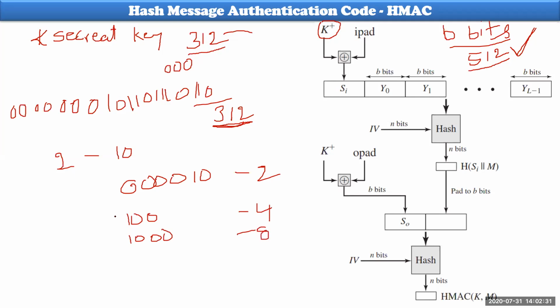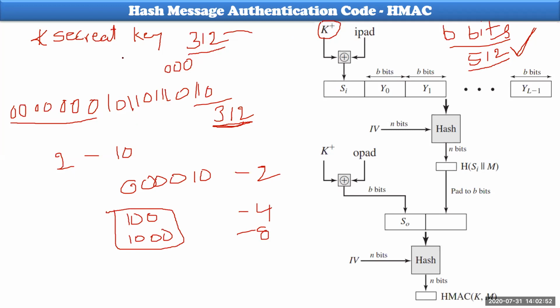So the value of 2 gets changed if you put zeros towards the least significant bit side. That is why you append as many zeros as required to make your key B bits, at the most significant bit side.